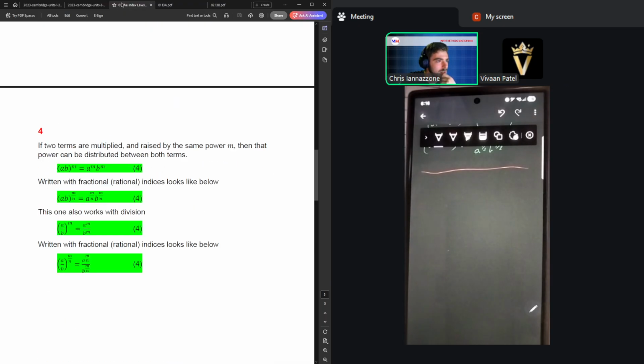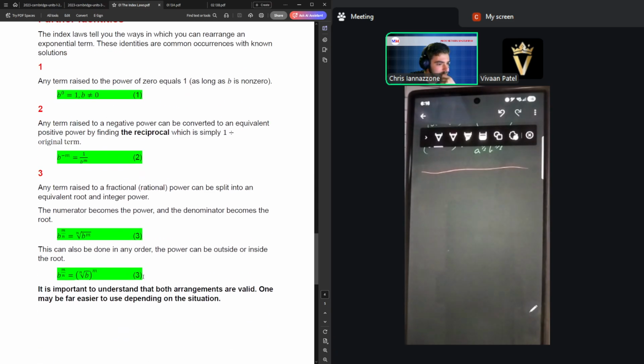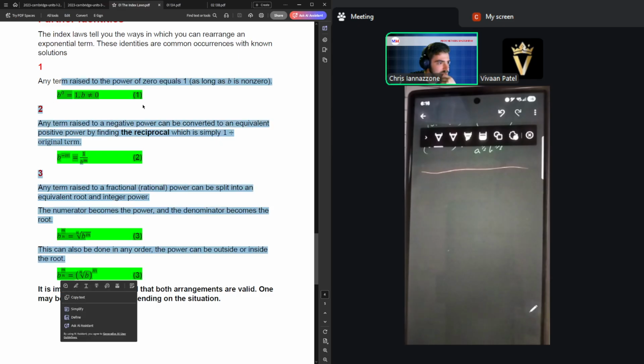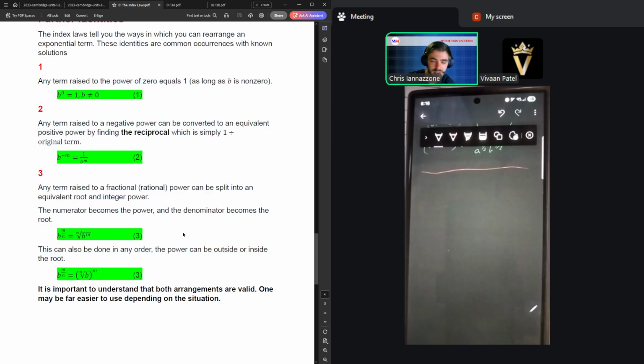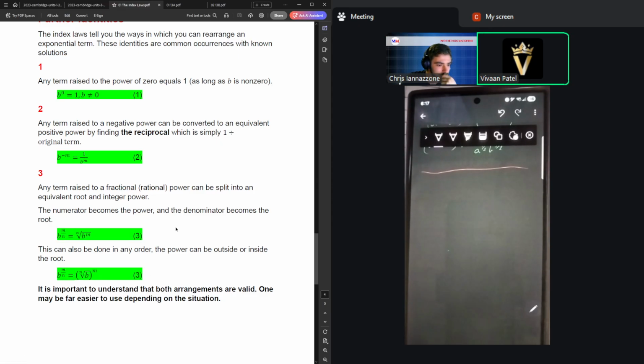Okay, to fix your errors, it might just be a matter of printing off a copy of the index laws, having that next to you, and saying, okay, cool, I want to do this thing. I'm not going to do it until I see exactly what it looks like on the sheet and copy it word for word. It might require a bit of that just to get you back into the swing of things.